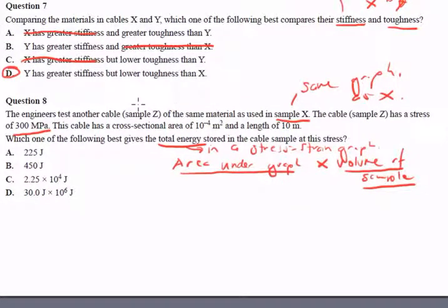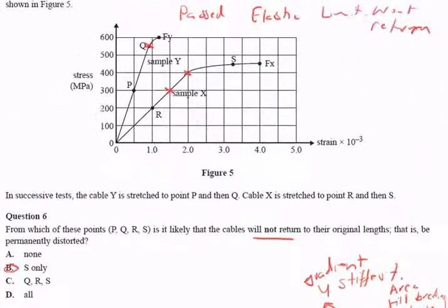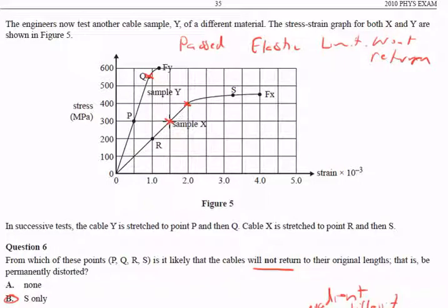So at 300 megapascals, let's work out the area. Here's 300 megapascals, so this is the area we want to work out right here. What shape is it? Well, it's a triangle.